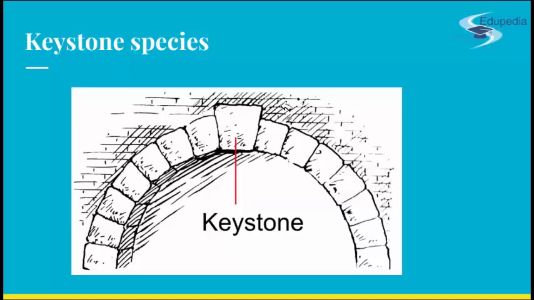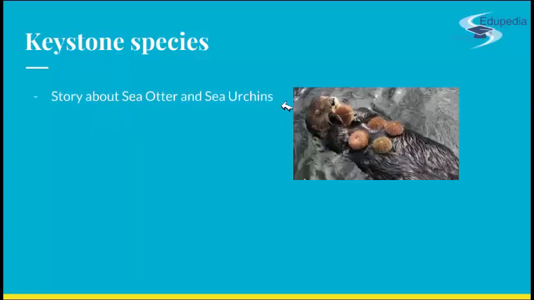Keystone species in ecology have a very important role in the ecosystem they live in, and their role is to keep the fragile balance of a perfectly functioning ecosystem. One really well-known example is the sea otter as a keystone species. The sea otter is a keystone predator in the northern Pacific.